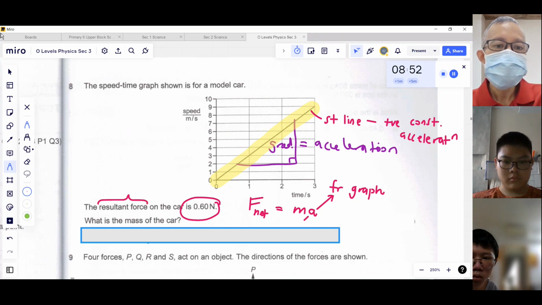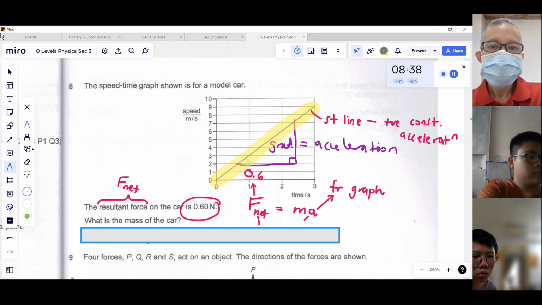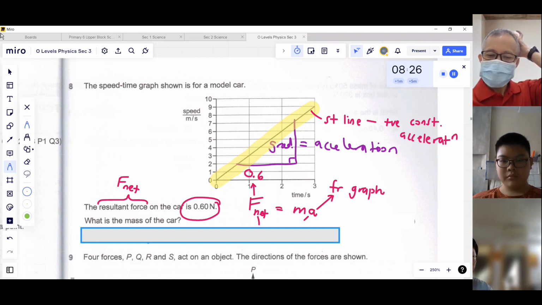Resultant force is the same as net force. So F net is 0.6 newtons. Okay, acceleration. Remember your kinematics. Look at your graph. Determine the acceleration.